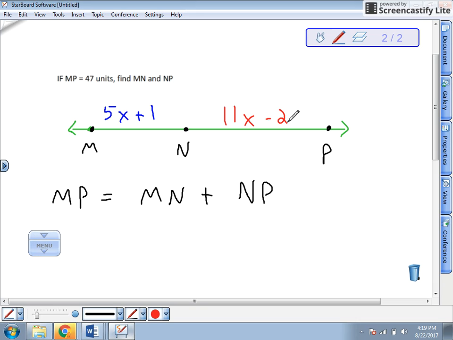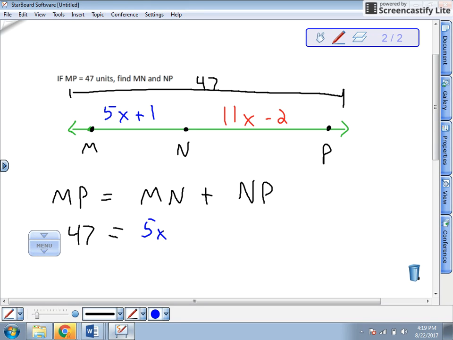Well, I know that those 2 have to add up to a total of 47. So to solve this problem, I'm just going to plug in my values. I know that MP is 47. That's going to equal MN, which we said is 5x plus 1, plus our NP, which is our 11x minus 2.